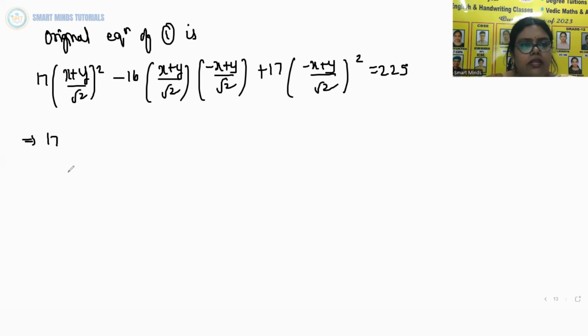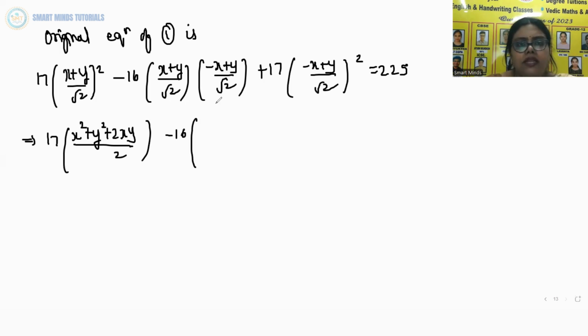So 17 into, now open the brackets, x square plus y square plus 2xy by 2, minus 16 into, this is a plus b into a minus b, but x is negative. So we take a as y and b as x. So it will become y square minus x square. It will not become x square minus y square.